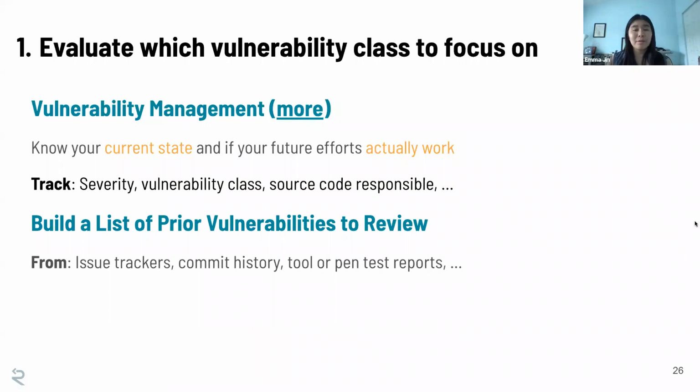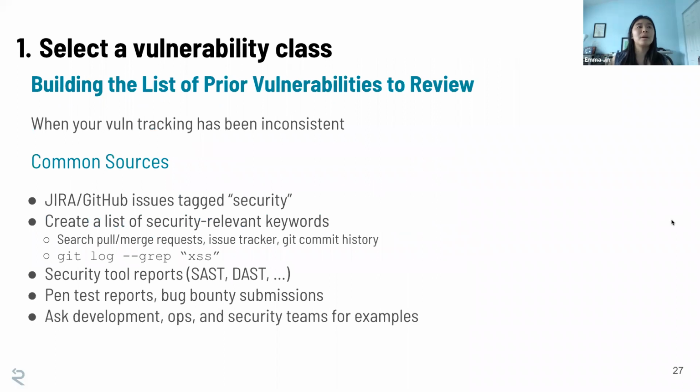And then once you have that information, it's very easy to build a list of prior vulnerabilities that you can review to choose a class. If you don't have that already, you can also filter all of your GitHub issues tagged security, or maybe you can create a list of security-related keywords like XSS and just find all of those vulnerabilities to create a data set.